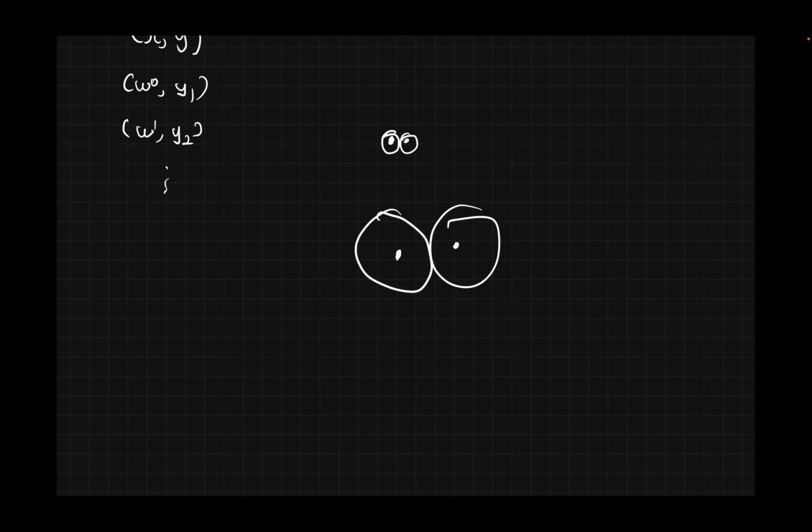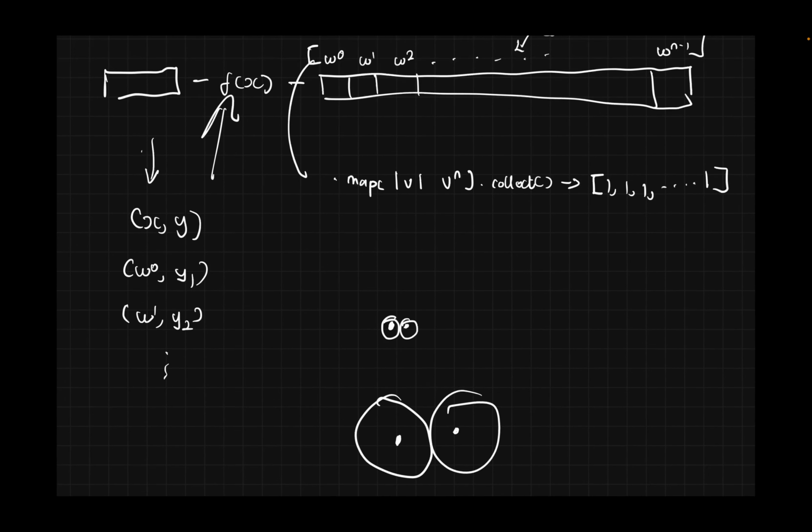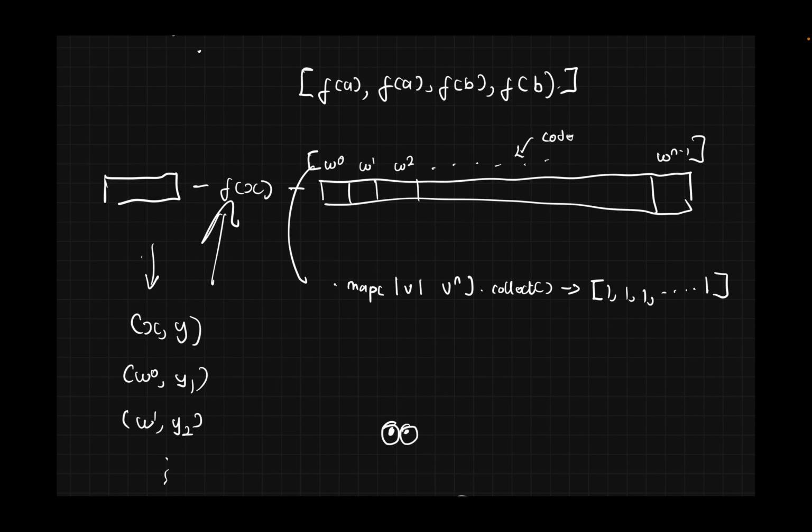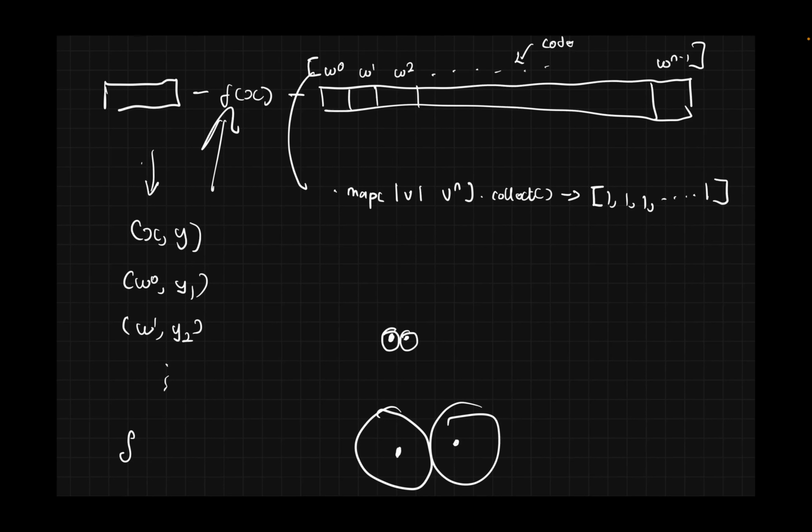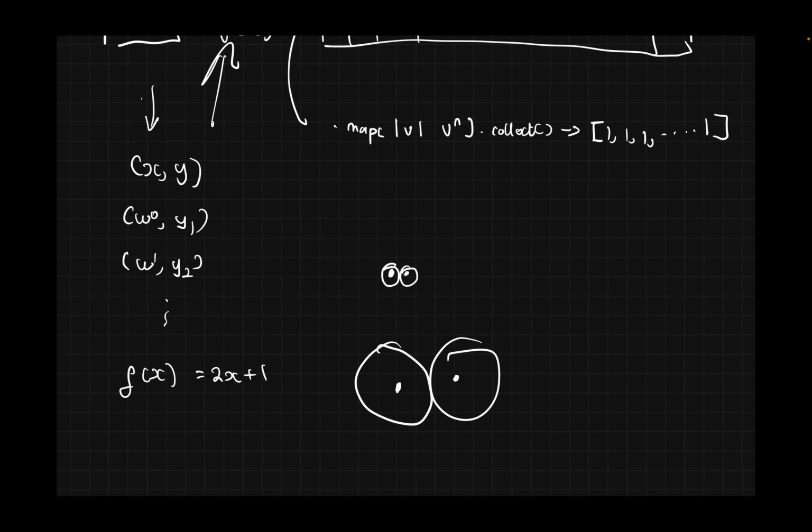What I'm confused about is, what are we using to generate that f of x? So f of x itself is the polynomial we're trying to commit to. Let's say f of x was equal to 2x plus 1, right?